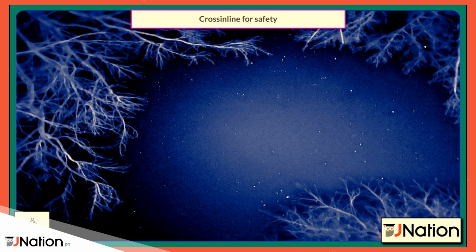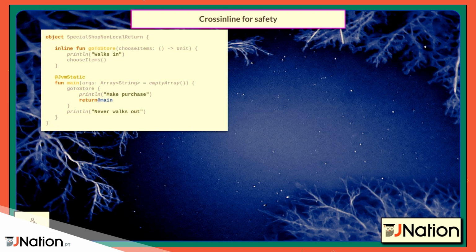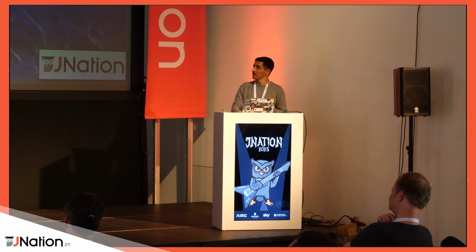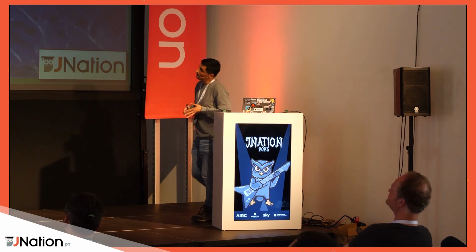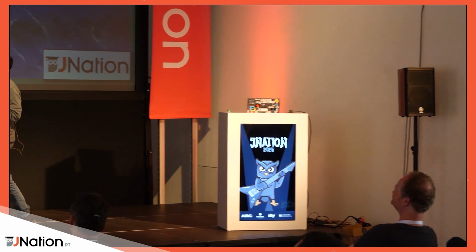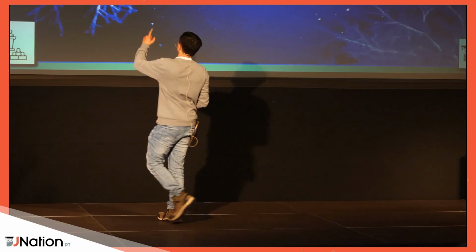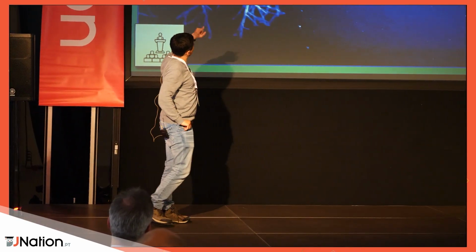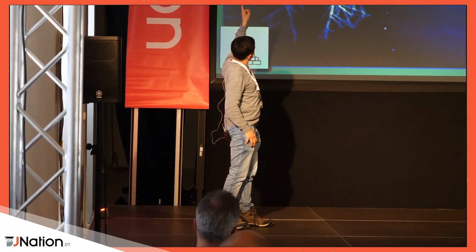I did another example to illustrate precisely what that means. So here, we've got a simple example where the main function is calling goToStore, and goToStore is also an inline function.